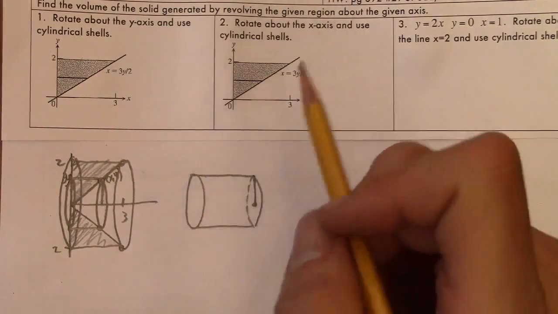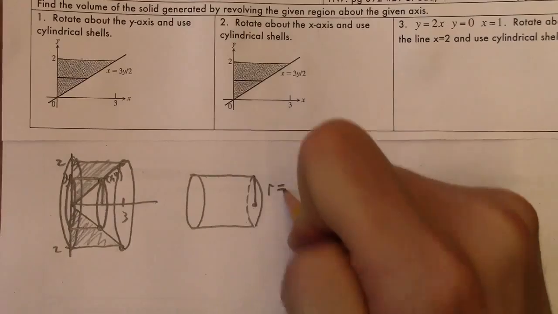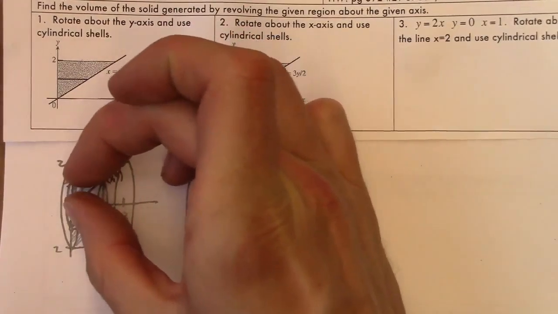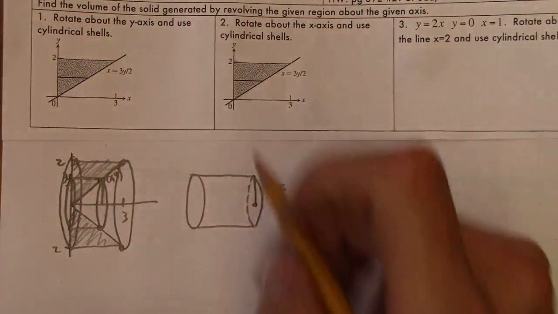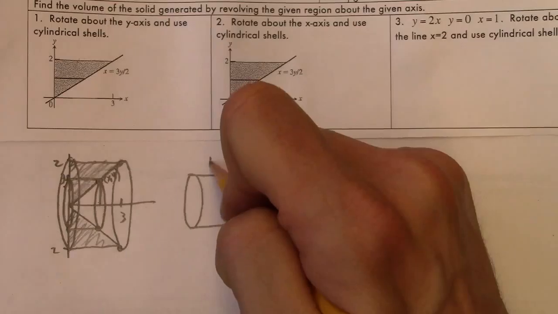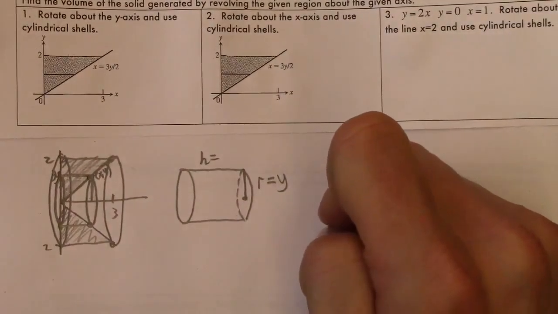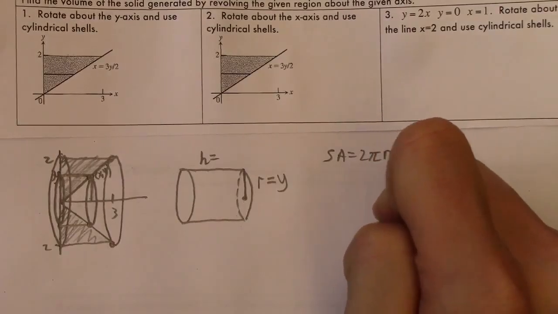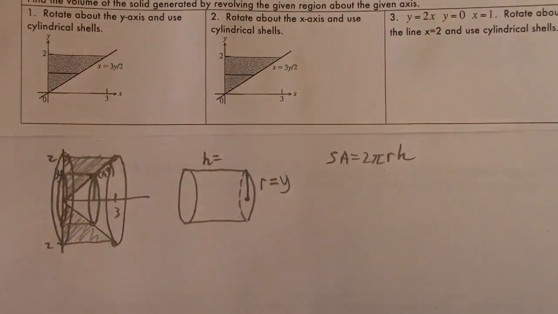We want the radius and the height to connect to the curve, the mathematical relationship x equals 3y over 2. So the radius is the y value. That's easy. And then the height of our cylinder, again, we need to fill in the formula. Surface area equals 2 pi r h.